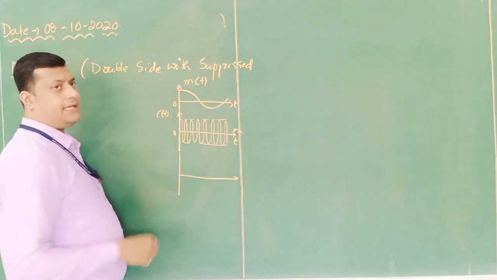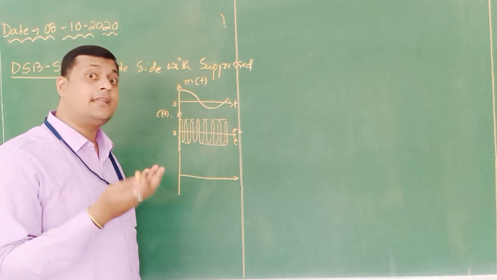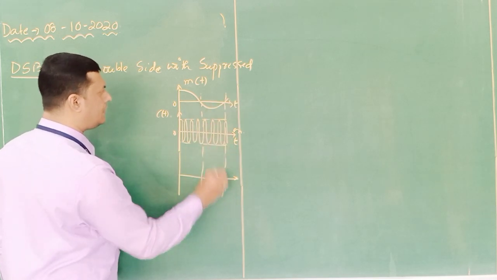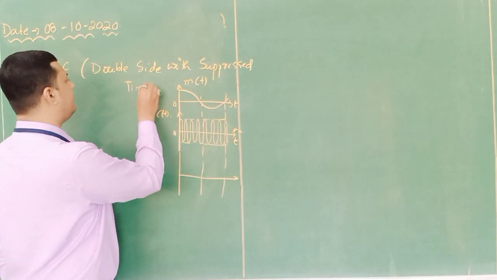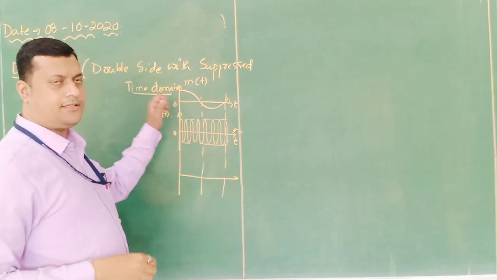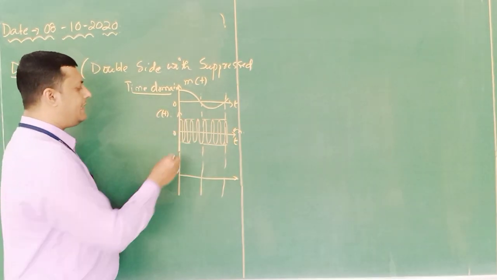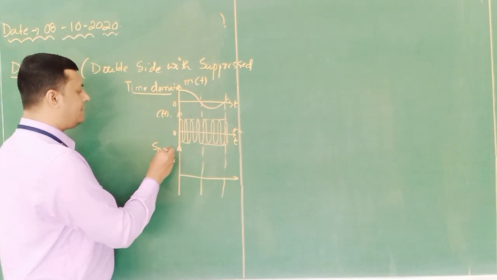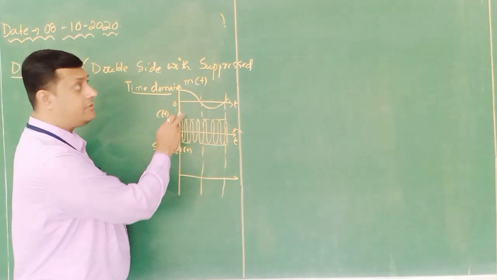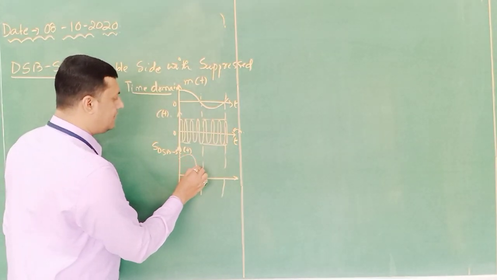But if this carrier is directly varied according to the amplitude of the modulating signal, then the DSB-SC signal can be generated. Here I am discussing the time domain; we will discuss the frequency domain later on. For understanding purposes, first I am discussing the time domain representation. So if the DSB-SC signal, DSB-SC(t), needs to be generated, the amplitude of the carrier must follow the path of the modulating signal. So my modulating signal will look like this.